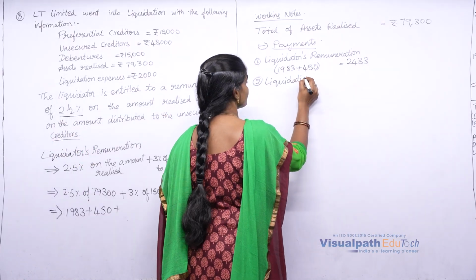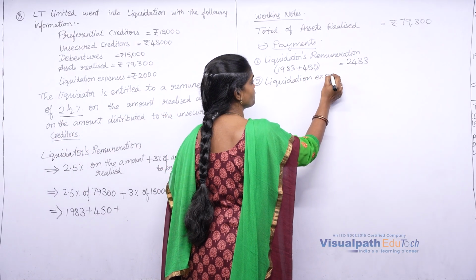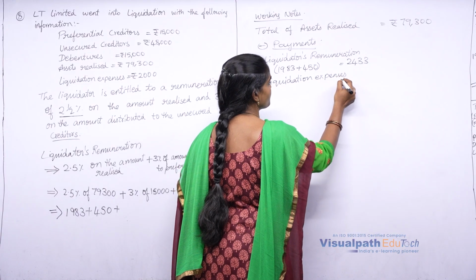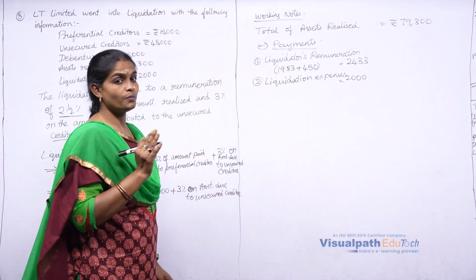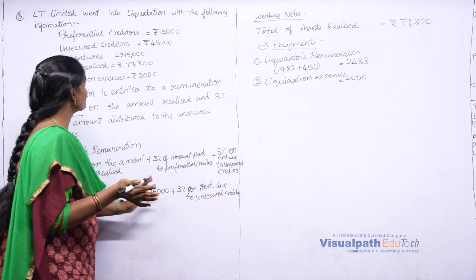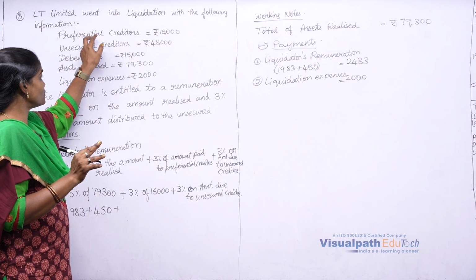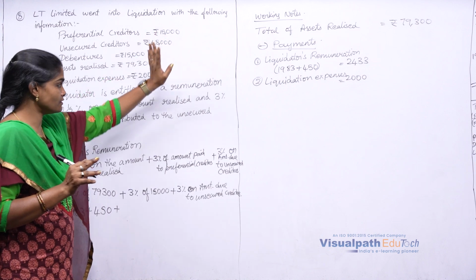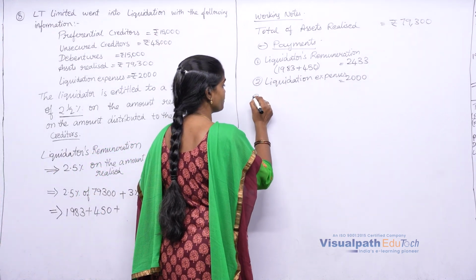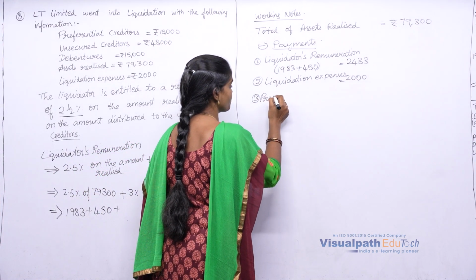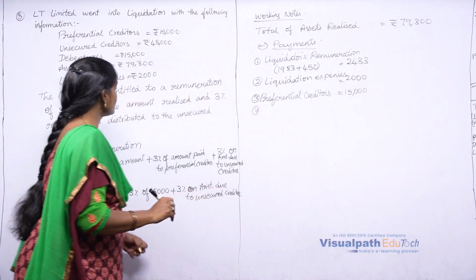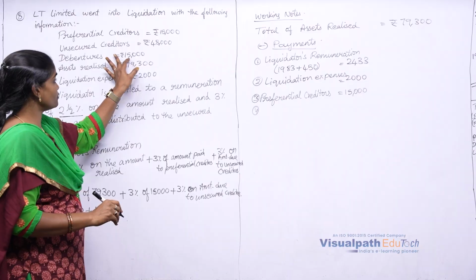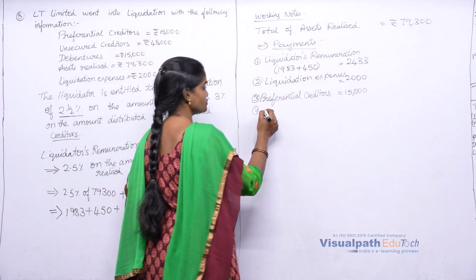Next, liquidation expenses. Liquidation expenses is given as rupees 2,000. After this, we have preferential creditors. First priority will be given to the preferential creditors, which is 15,000. Then next we have debenture holders also. Next payment will be for debenture holders.